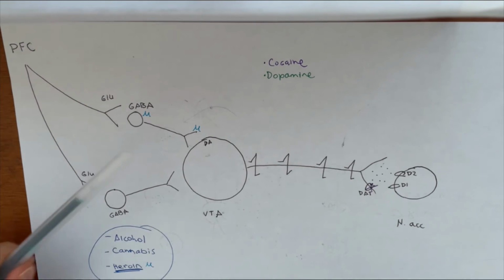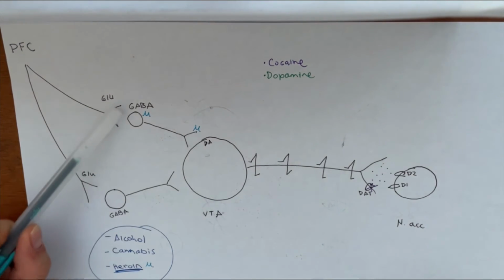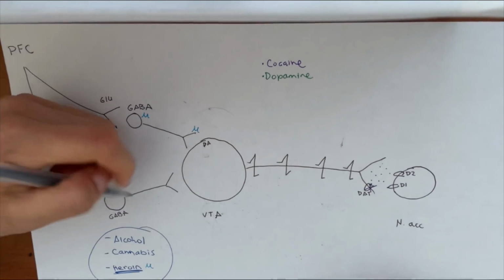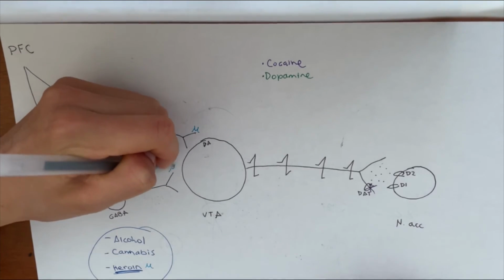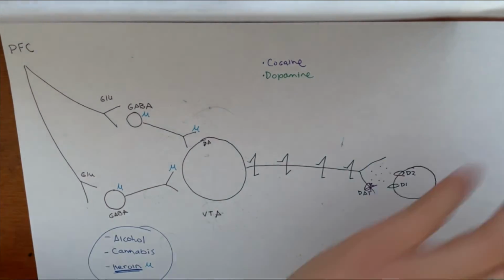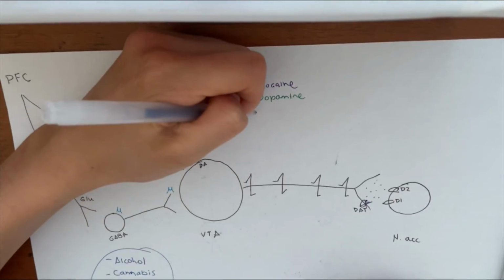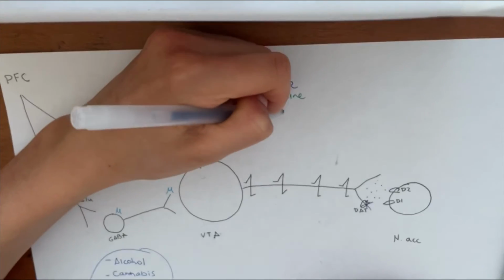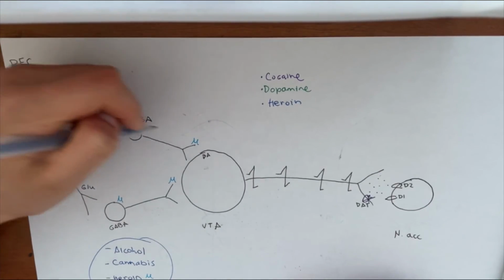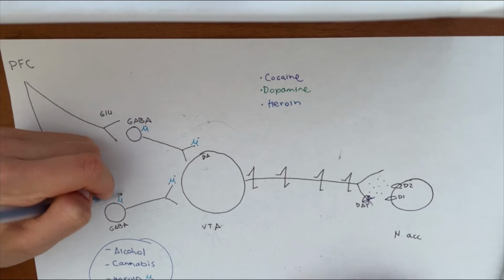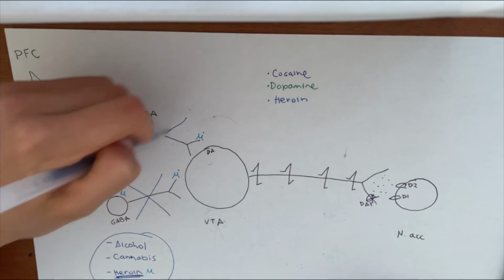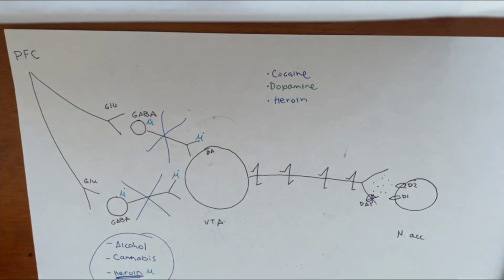Both of these will basically inhibit this interneuron. Same with this when you have heroin bound. So right now we have heroin and we have cocaine in the system. So they're binding here, and what that does is it basically knocks out these systems here.